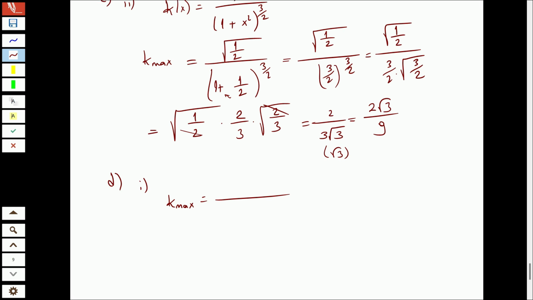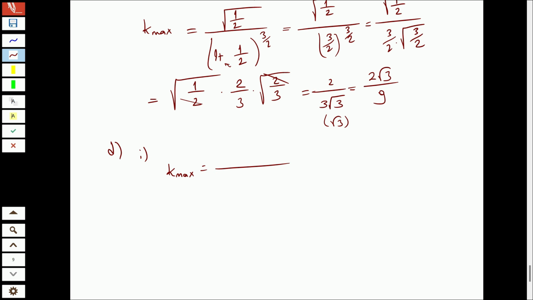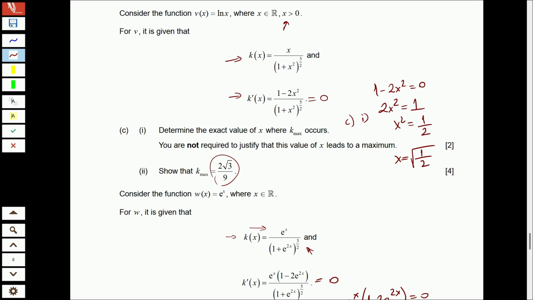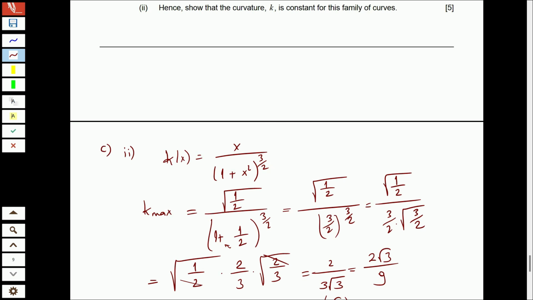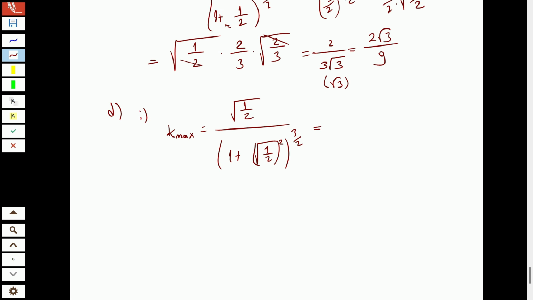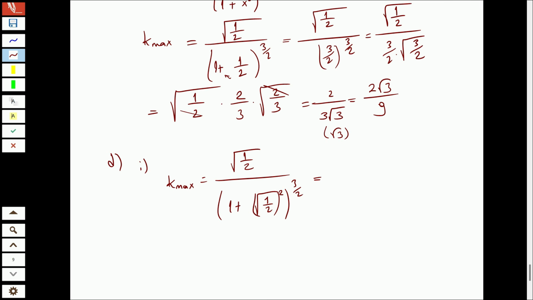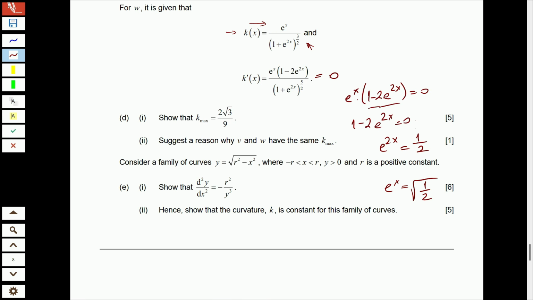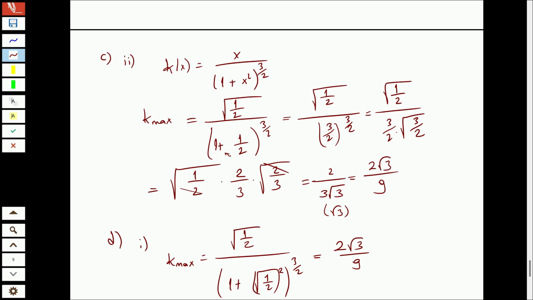At the numerator, there will be square root of 1 over 2 again, and in the denominator there will be 1 plus the square of this value, to the power of 3 over 2, which will give us the same value that we found in the previous question. So I will write directly the same value, okay? Suggest a reason why v and w have the same k-max. Okay, let's check it.